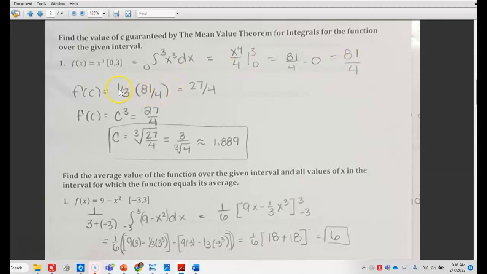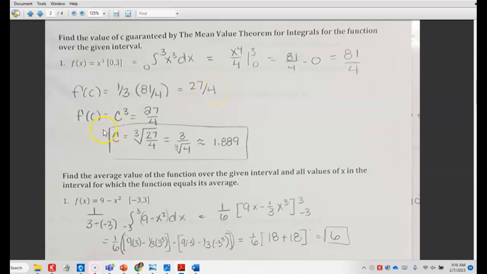The average value is a third of the integral value, which means on average, the area under the curve is 27/4. The mean value theorem says that at some point c, the original function x cubed will equal 27/4.